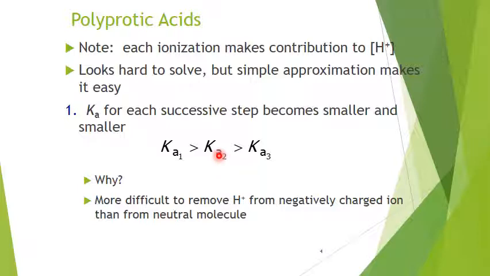So this guy has H2PO4 1 minus on it, and so it's harder to lose that proton because it has a negative charge on the acid. And this guy has a 2 minus charge on the acid, so it's really hard to pull one off. So this guy here is the easiest one to lose the H.